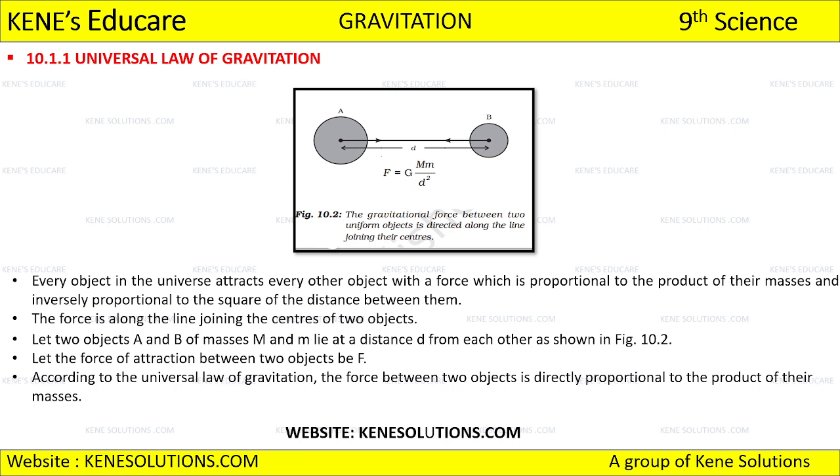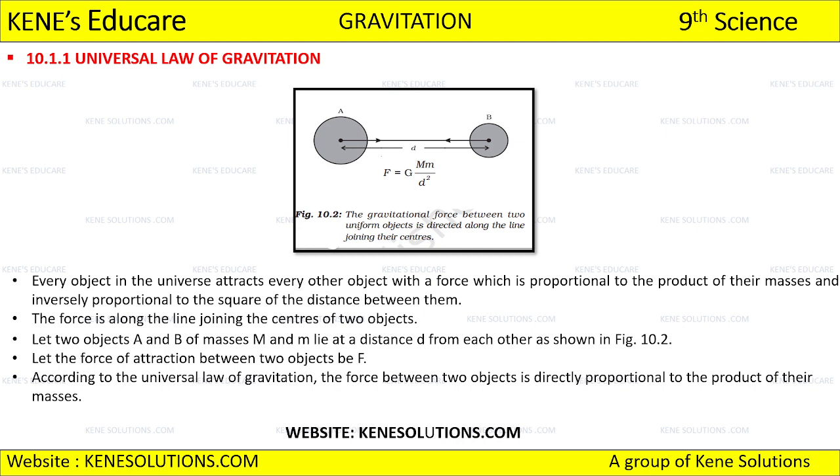Let the two objects be A and B, where the mass of object A is capital M and the mass of object B is small m, and the distance between them we represent as d, and the force acting on the objects we represent as F.